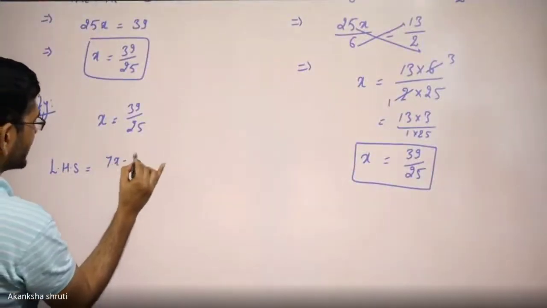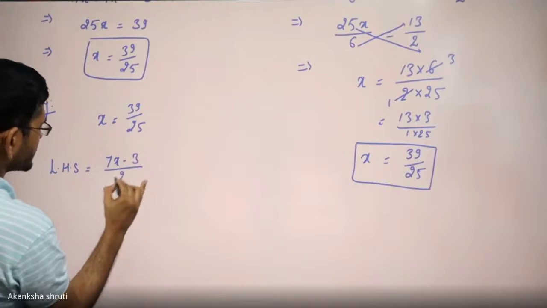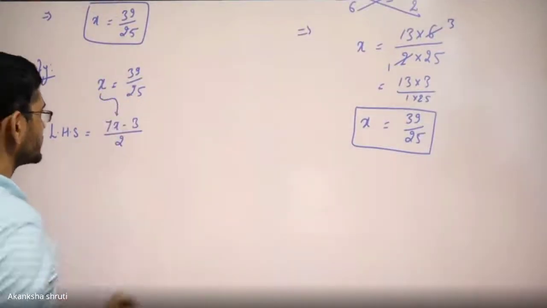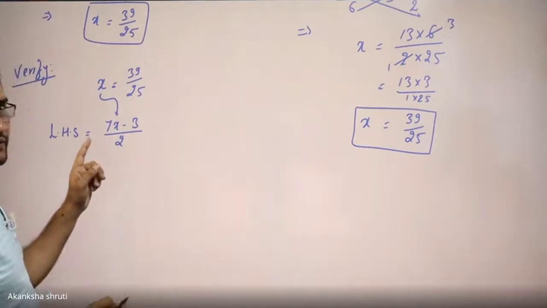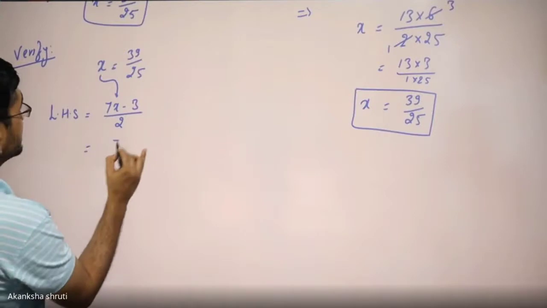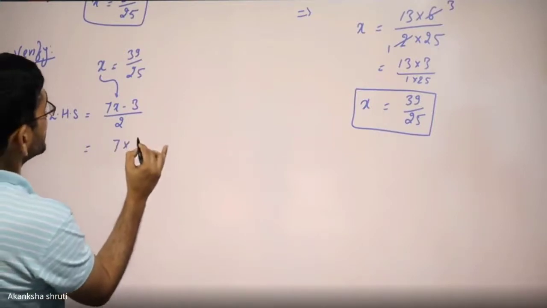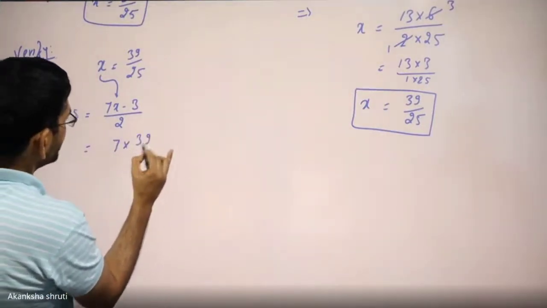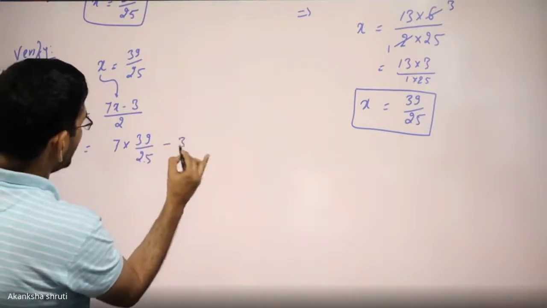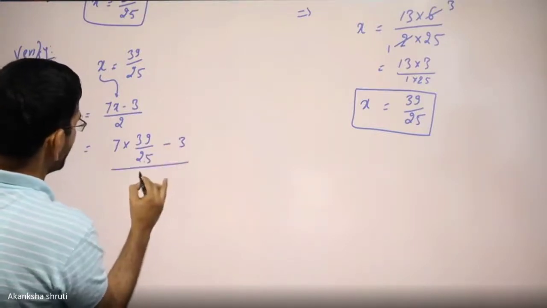We need to substitute this value of x here. Do this substitution properly, otherwise mistakes are committed. So it is (7 into 39 by 25 minus 3) whole divided by 2.